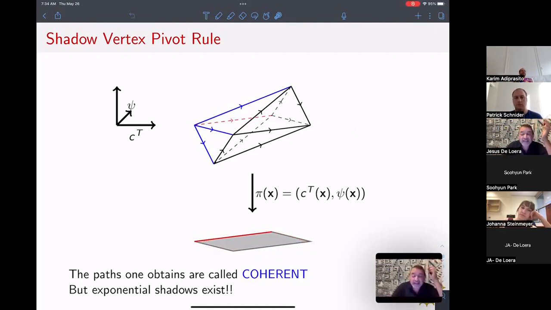And essentially the shadow vertex pivot rule follows a path whose shadow is exactly the top part of the polygon. Okay, that's what the shadow vertex pivot rule is.